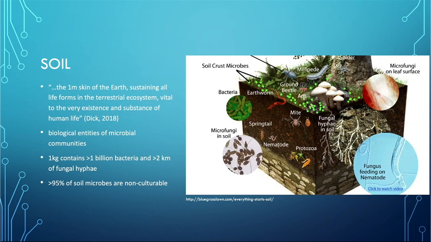And over 95% of soil microbes are non-culturable. This means we can't put them in a petri dish and store them in the lab. They will not grow without all the other organisms actually present. So this is where we can't put things in bottles and sell them. Individually, it makes no sense, and we can't actually study things in isolation.